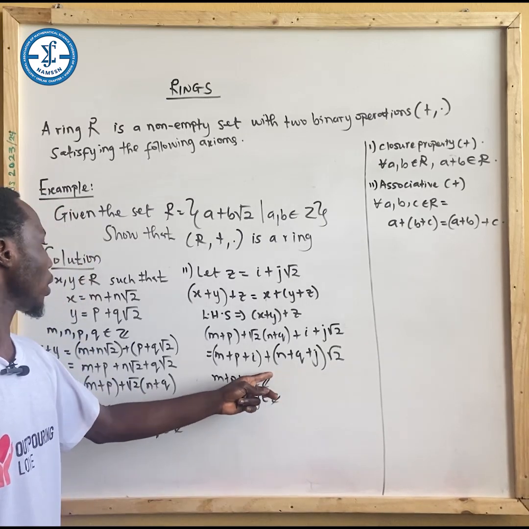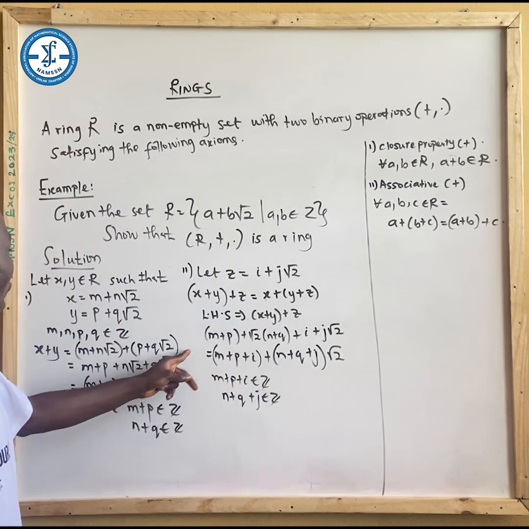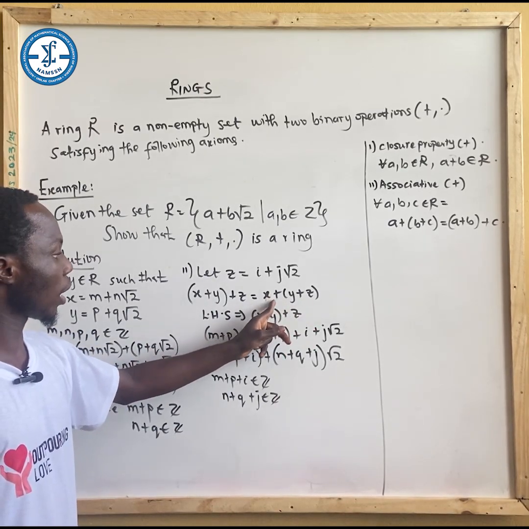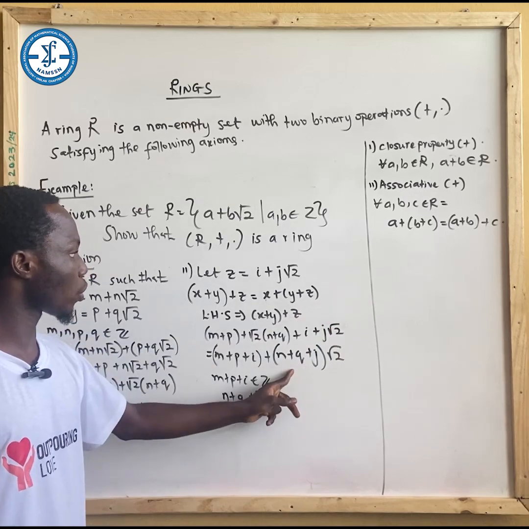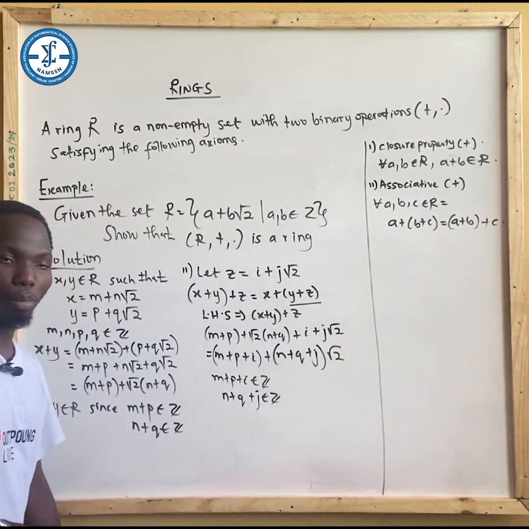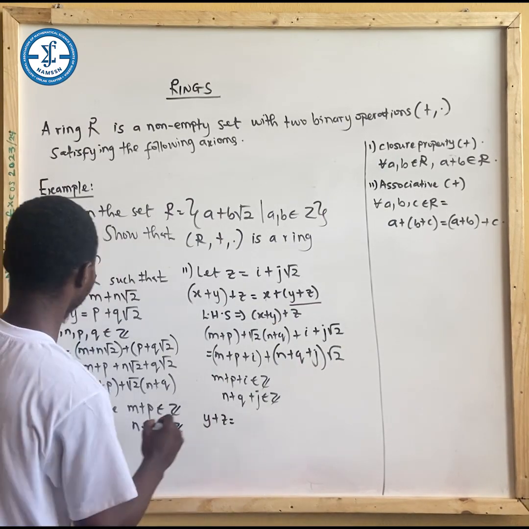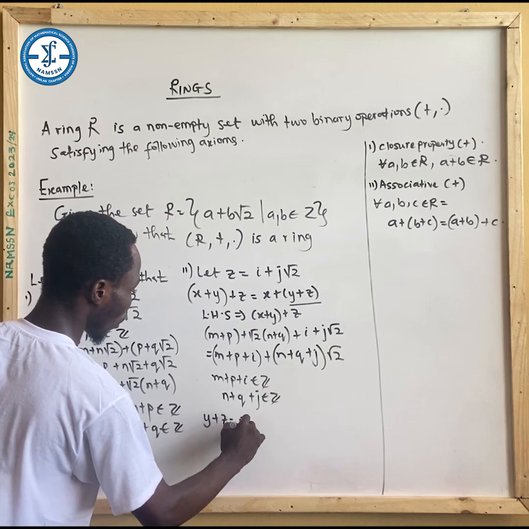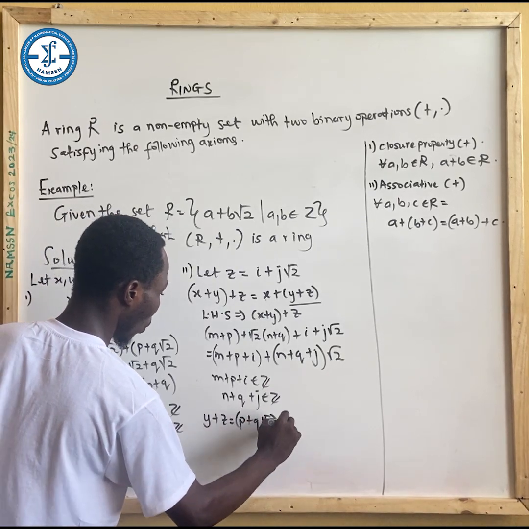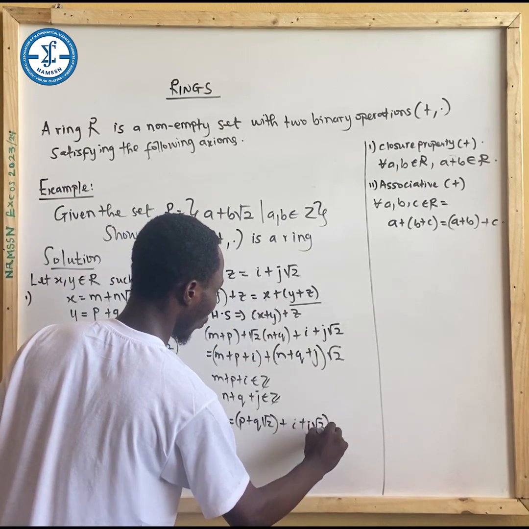Which means that what I got here is also what I should get on my right hand side. If I also compute this x plus y plus z, it must also give me this. What I'm going to compute first is y plus z. My y is p plus q root 2 plus my z, which has been defined as i plus j root 2.